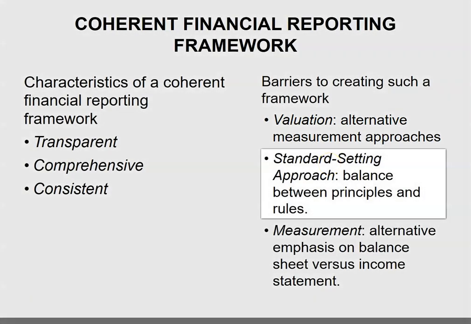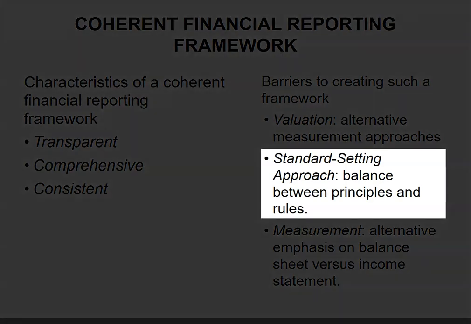In addition, financial reporting standards can be established either on principles or rules, or a combination of both principles and rules, sometimes referred to as objectives oriented. Principle-based approaches result in financial reporting frameworks that are broader and that have limited or little specific guidance on how to report particular elements or transactions in the financial statements.